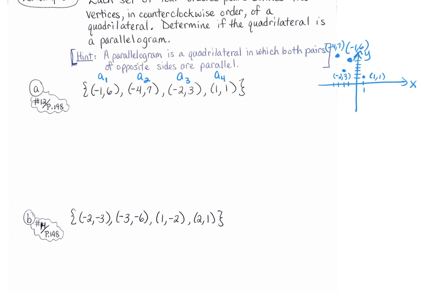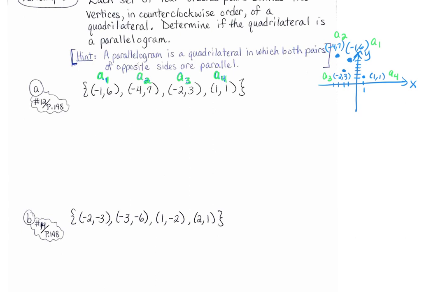So just so we are going with how we label them here, we have A1 here, A2 here, A3 here, and A4 there. So we need to check the slope of this line, using the points, right? And if the slopes are the same, then that means what?